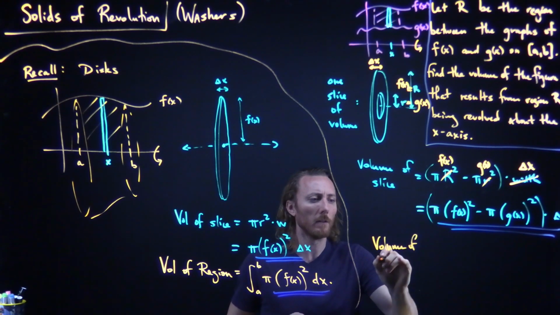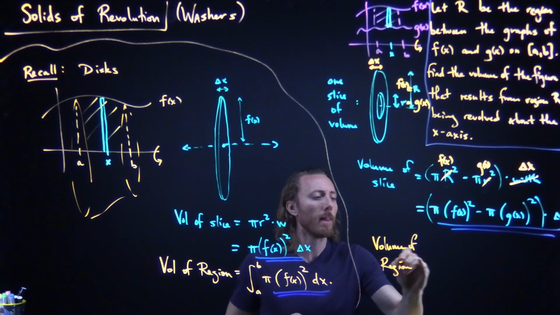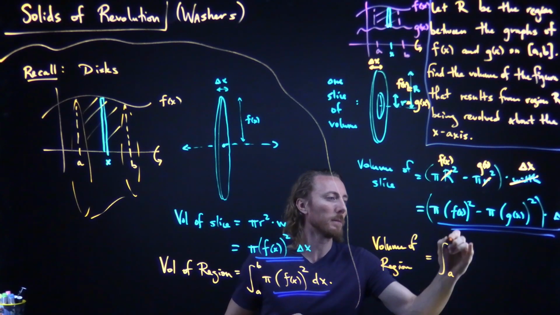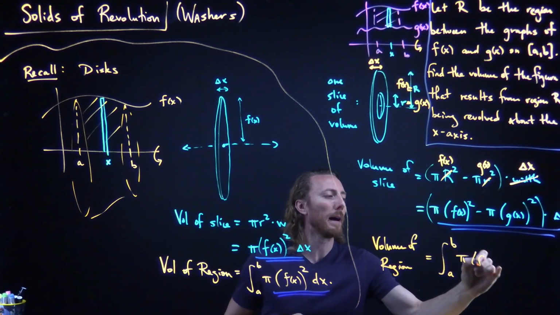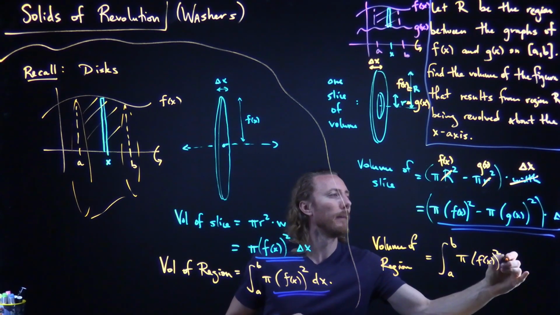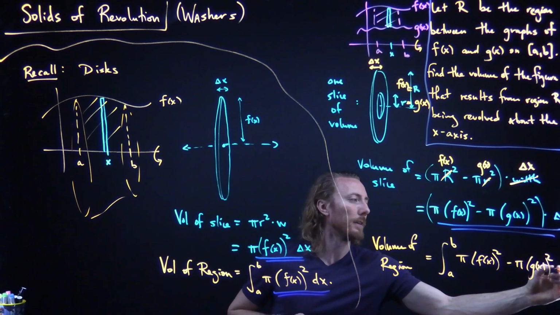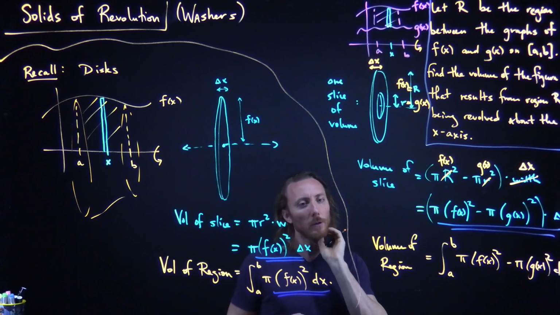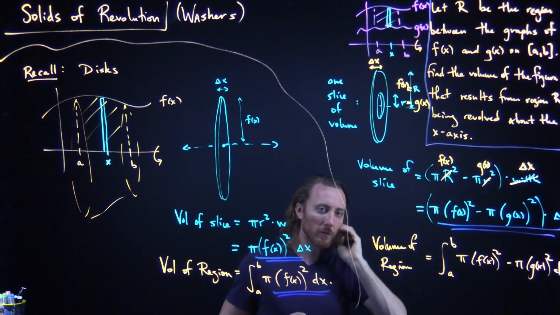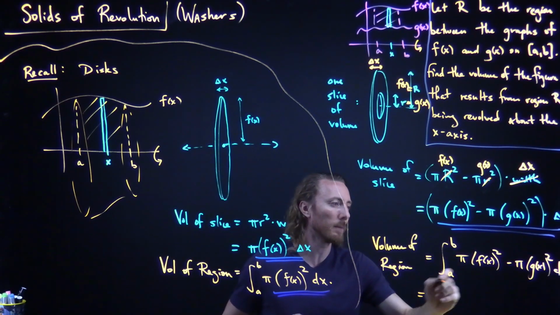So the volume of our entire region will be the integral from a to b of pi f of x squared minus pi g of x squared dx.